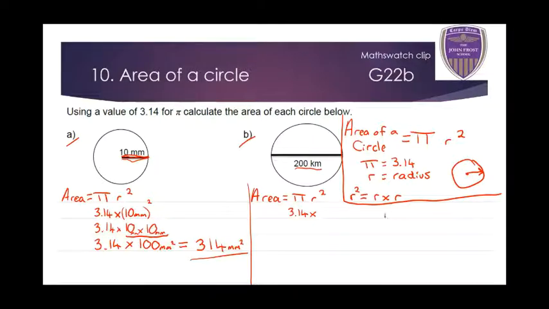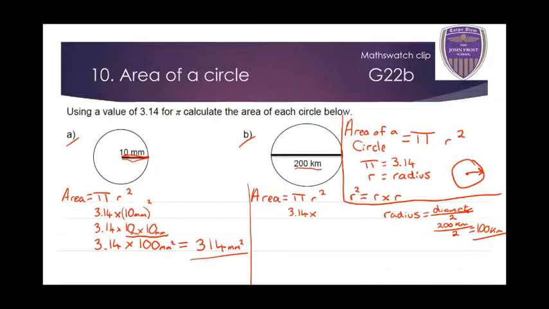So the radius is equal to the diameter divided by 2. 200 kilometers divided by 2 is 100 kilometers. So that's my radius.